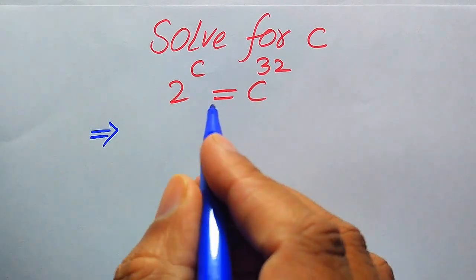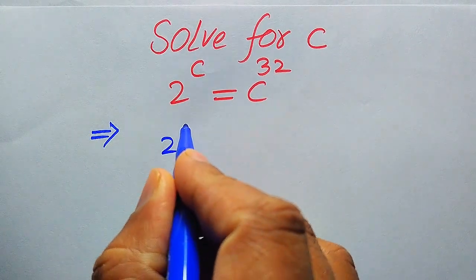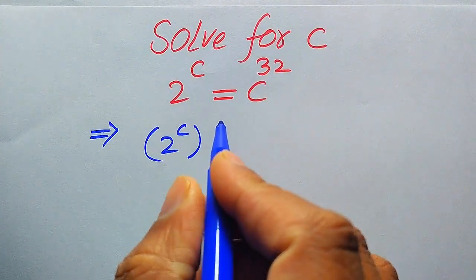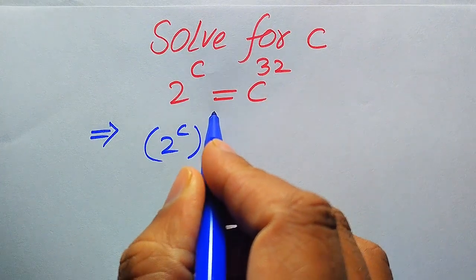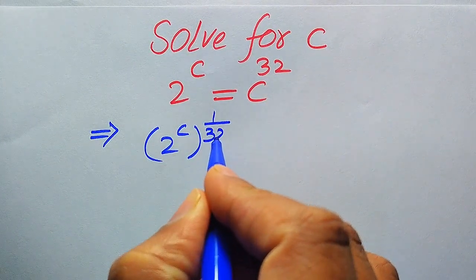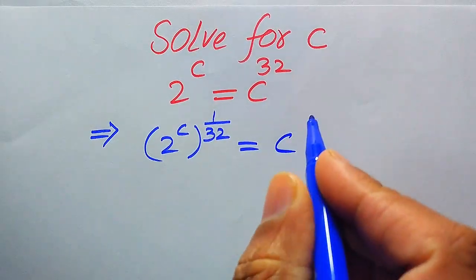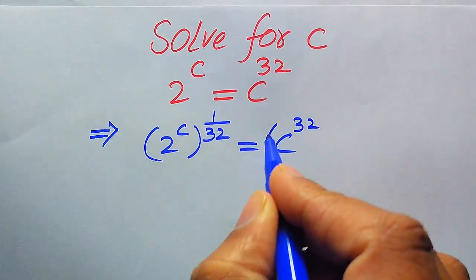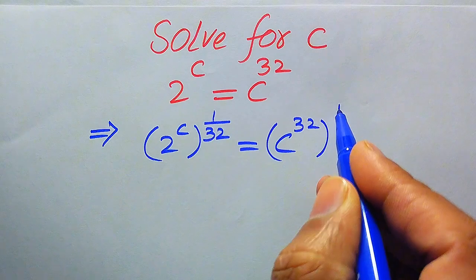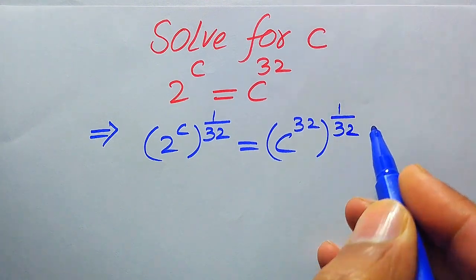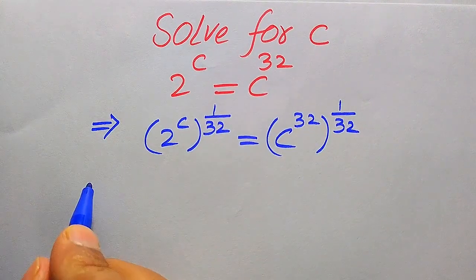First we move 32 to the left hand side, and for this we take the 32nd root on both sides, or in other words we take the 1 over 32 power on both sides, and it will be written in this form: c to the power of 32 and its whole power is 1 over 32.